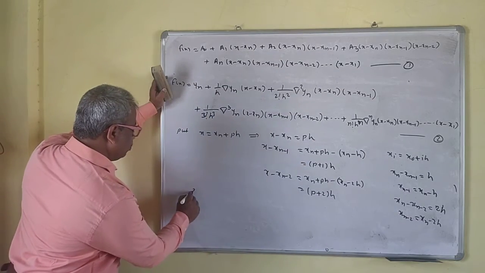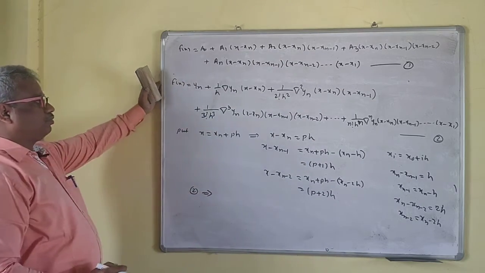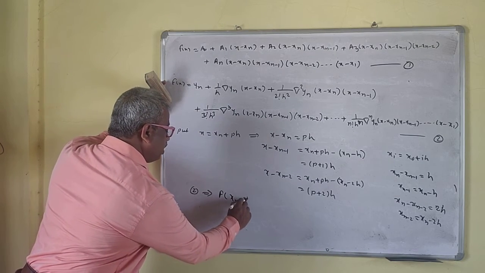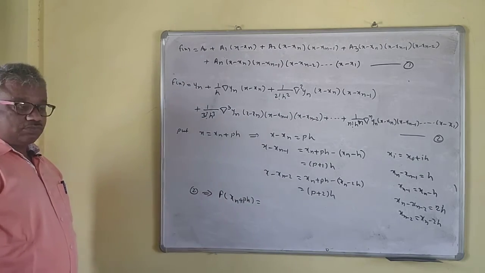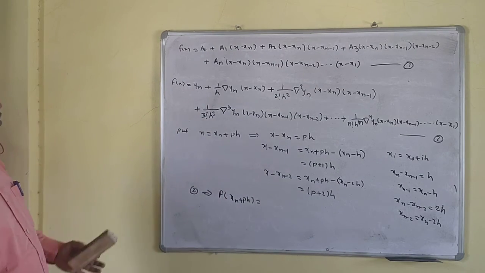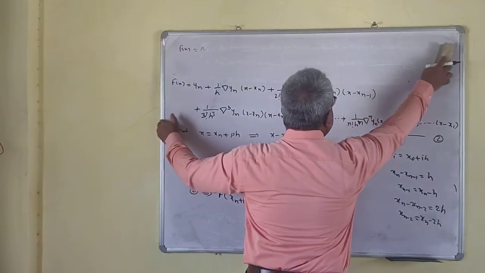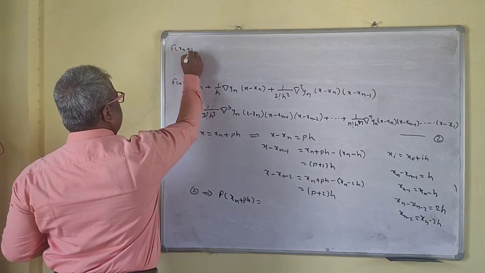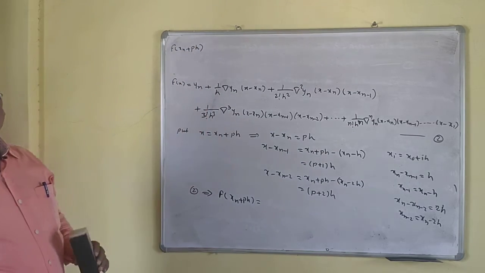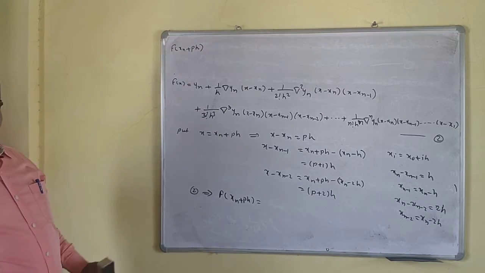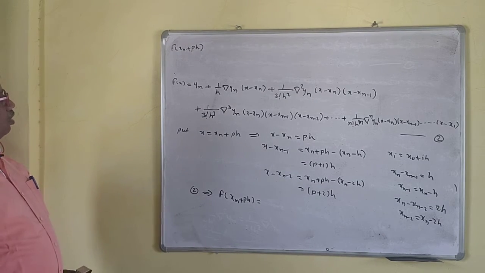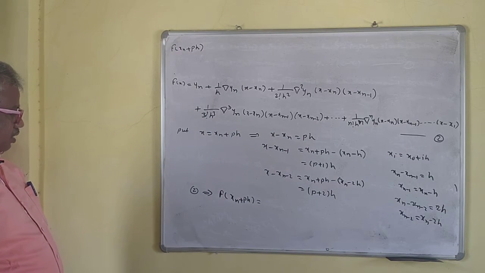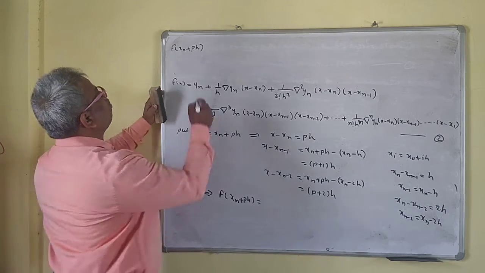Okay, so equation 2 implies, we'll put the value here. So f of xn plus ph is equal to the following. This is the backward formula, so the last value xn is the last term of x. So yn will be as it is.